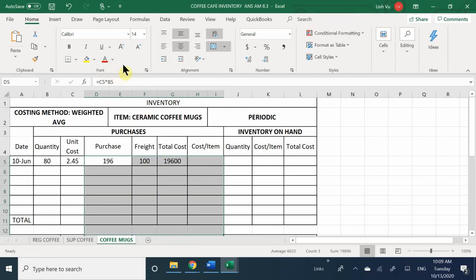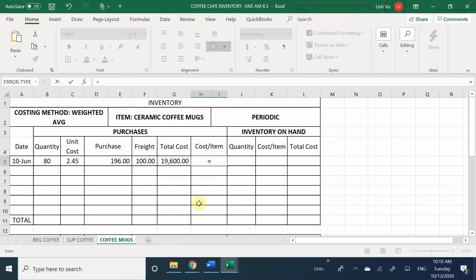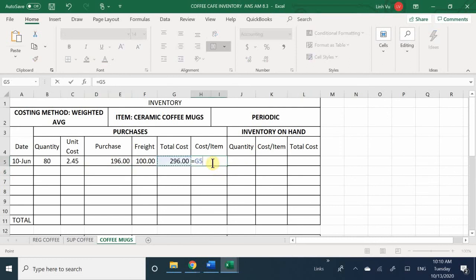All right, and I'm going to go ahead and format this. All right, so my cost per item was, what was that again? Oh, okay, hold on. Yeah, I need to fix that. Oh, wait, not times, it's plus. Okay, so now it's 296. So now my cost per item is going to be $3.70.